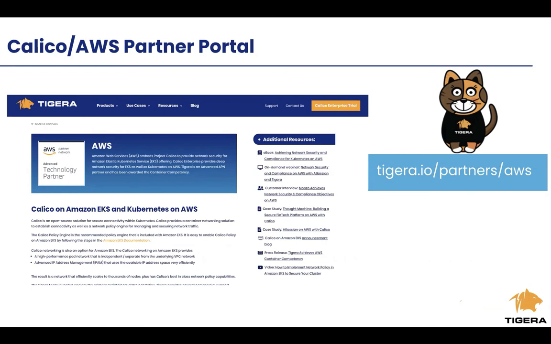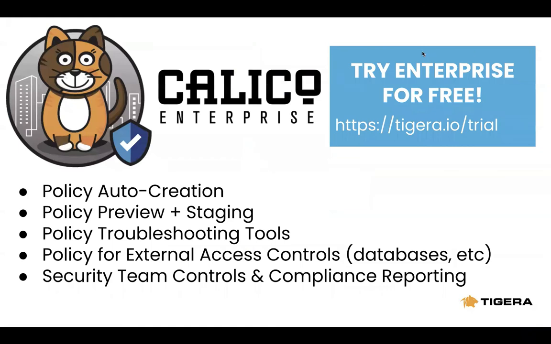One great resource to find all things related to Calico on AWS is to head to Tigera.io/partners/aws, where we have a lot of resources around the webinars that we have, the customer interviews, and other resources around AWS as well as Calico. If you have never tried Calico Enterprise, feel free to use Tigera.io/trial.